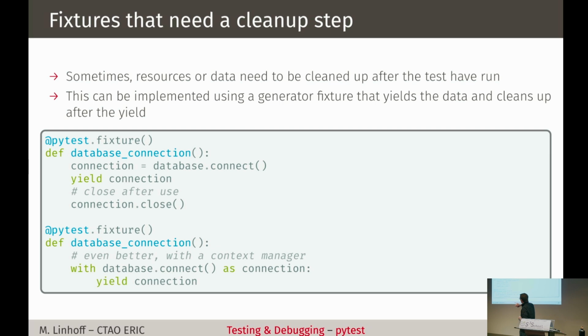But in Python, all of these objects that acquire resources and use them and have some internal state that needs to be cleaned up again, they should always provide this syntax of the context manager where you say with a database connection, with database connect as connection, and then your yield. And regardless of how you leave this with block, the cleanup code is always called.